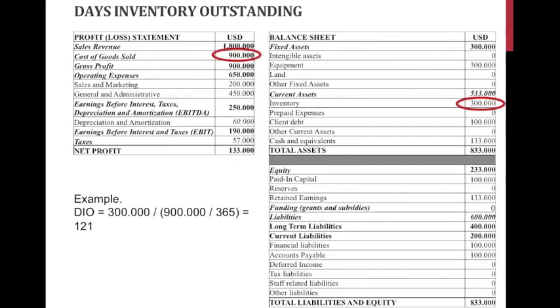Looking at our financial tables, we have inventory of 300,000 and cost of goods sold of 900,000. Dividing and multiplying by the number of days per year, 365, we get that on average it takes 121 days to sell all our inventory in the warehouse. So not a very bad number, but maybe it could be a little bit lower.